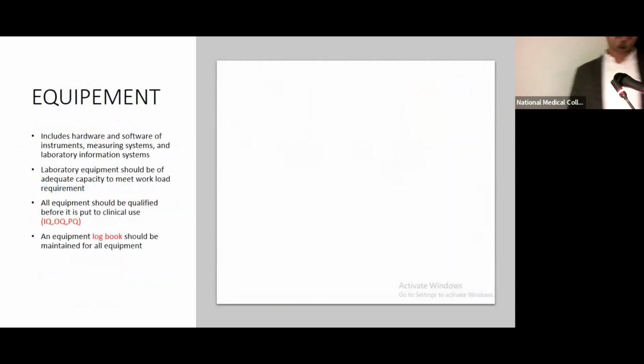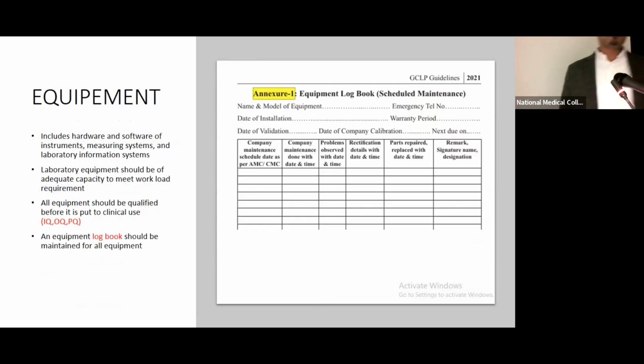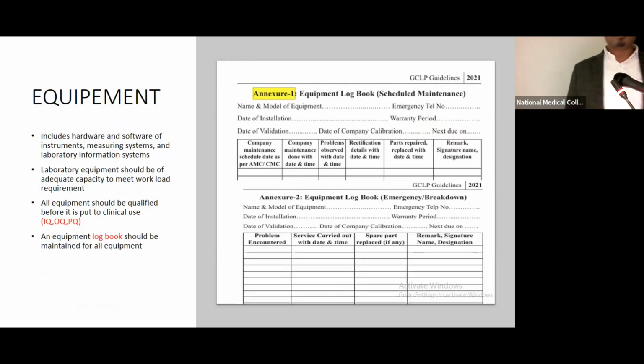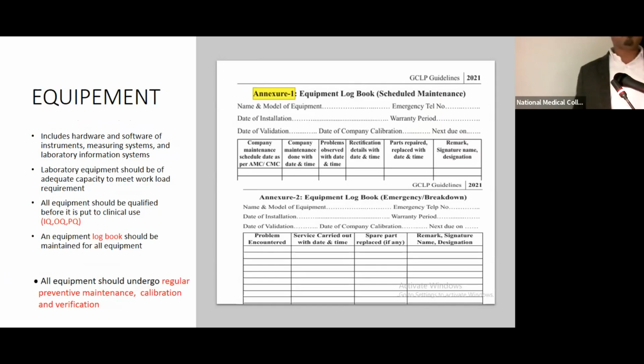Similarly, for the equipment, it provides two kinds of annexures. The equipment should be maintained in a periodical manner. According to annexure 1, it should be properly filled. And also, if there is any emergency or breakdown of the instrument, that should be recorded in annexure number 2. Apart from that, all the papers associated with the instrument, like the installation qualification, performance qualification, and operational qualification from when it was installed, should be kept.